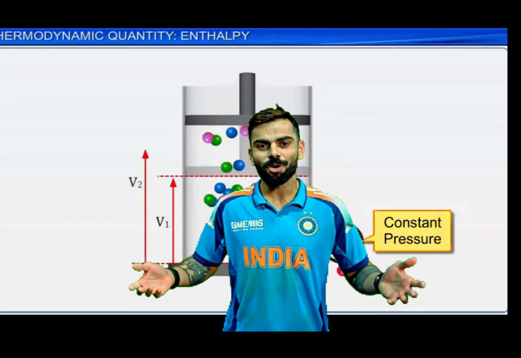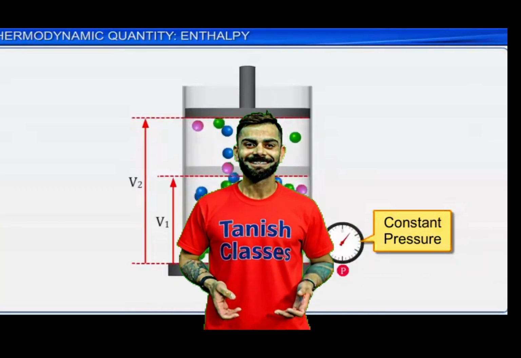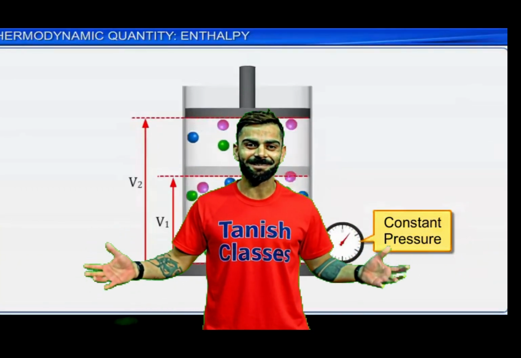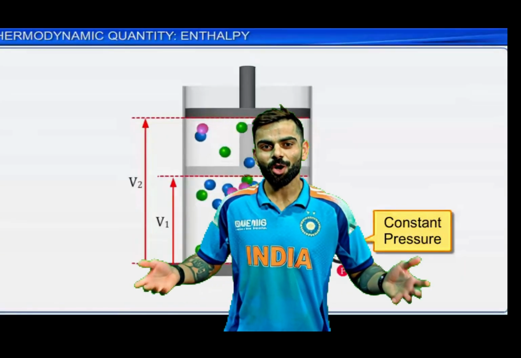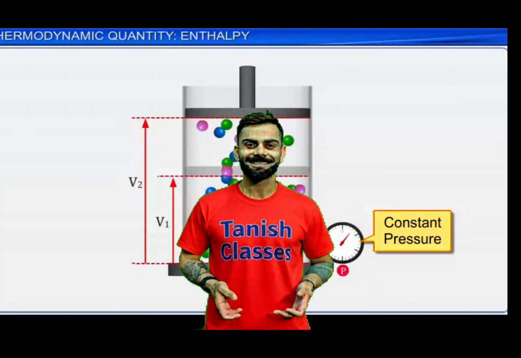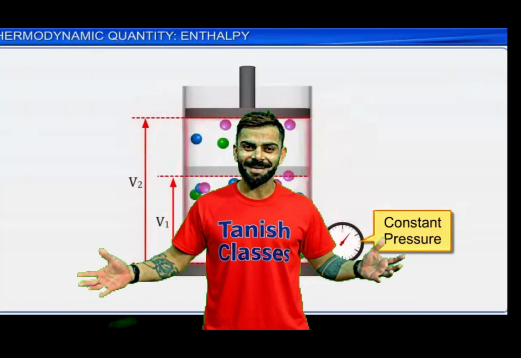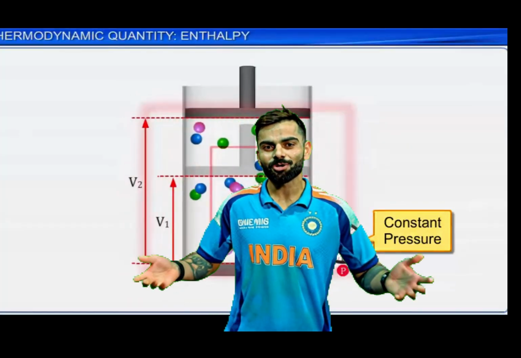The energy change occurred during such reactions may not only involve change in internal energy but also do some work. To understand this, assume a chemical reaction occurring at a constant pressure. Let us assume that the reaction is exothermic and also involves gaseous substances.